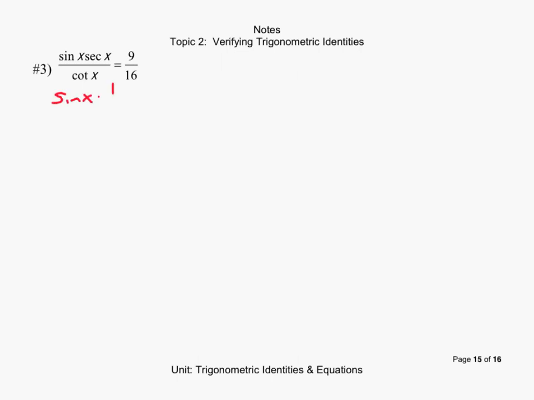Change secant to 1 over cosine, you get this. Leave the bottom the same or change it to? What would you like to change it to? If you don't know what to do, do something. And a lot of times that something is change everything to terms of sine and cosine.